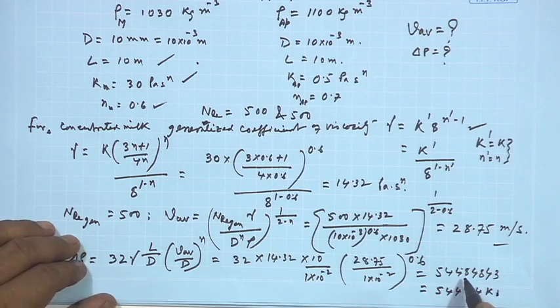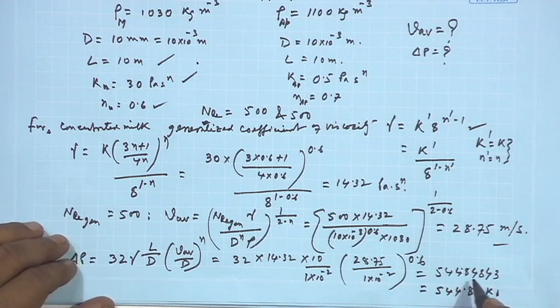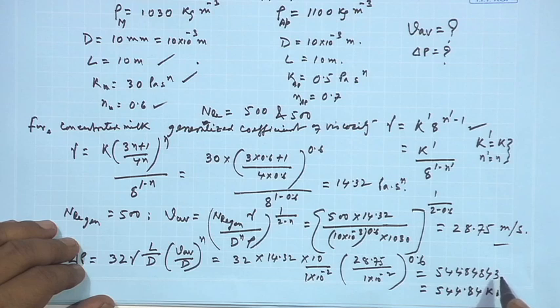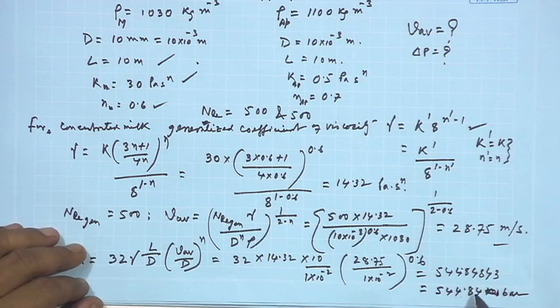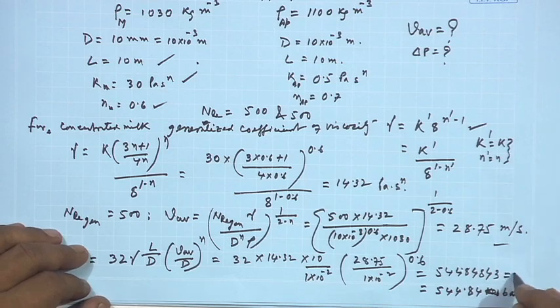Now, this is 554 and so much Pascal. So, this we can write 554.84 bar, right, because 1 bar is 101.325 kilo Pascal. So, that is roughly 554.84 bar.